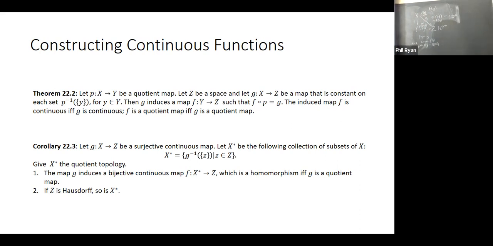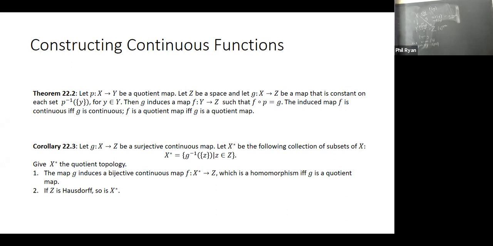So as a corollary from that, if we've got a surjective continuous map g from X to Z, let X star be the following collection of subsets.